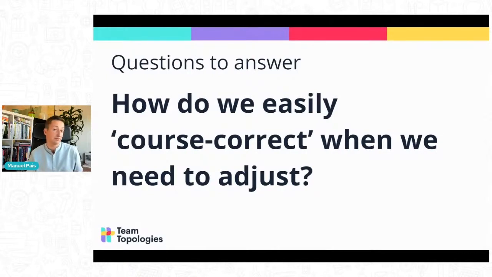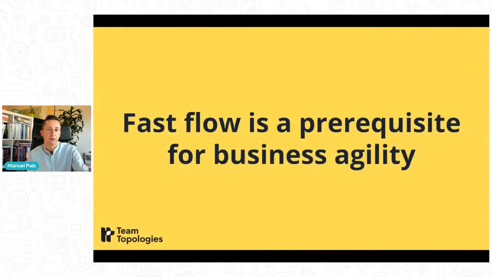And if it didn't, what do we need to do next? So this kind of course correction, right? So aiming for business agility, aiming for fast flow means that we will be able to answer these questions more easily. And basically fast flow, because we're talking about accelerating flow, because fast flow is a prerequisite for business agility. Obviously, it's not the only one, but it's a strong prerequisite to be able to respond quickly to changes.